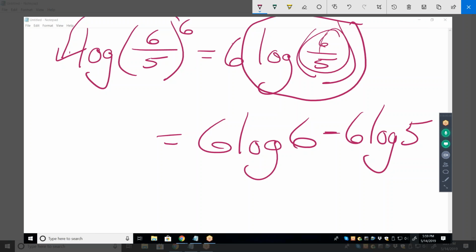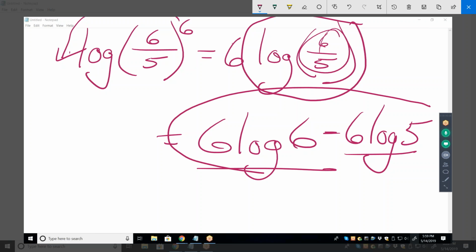And those are all numbers you can get out of your calculator. I don't know if they want you to take it that far or not. Probably not. Believe it or not, that is the most exact answer. If I were to convert that to a decimal number, it would be an approximation. That is an exact number.